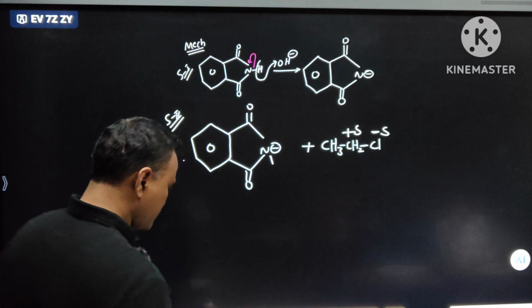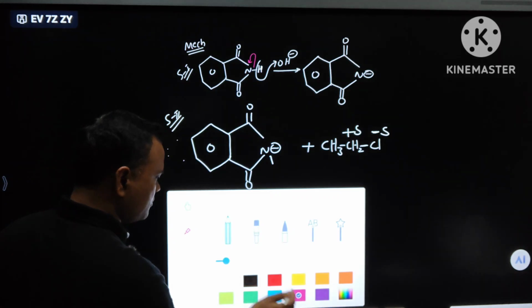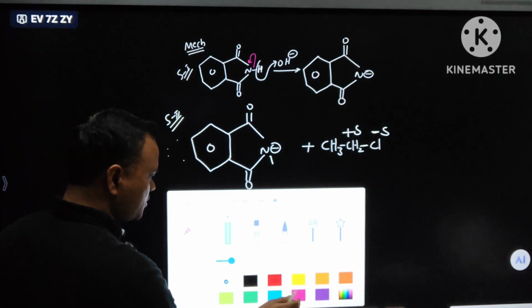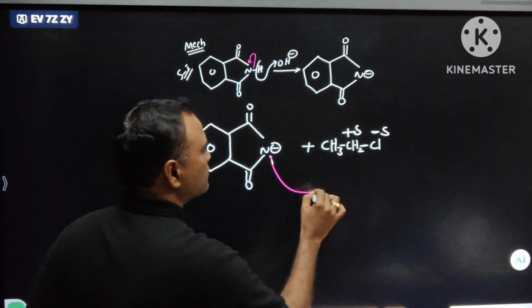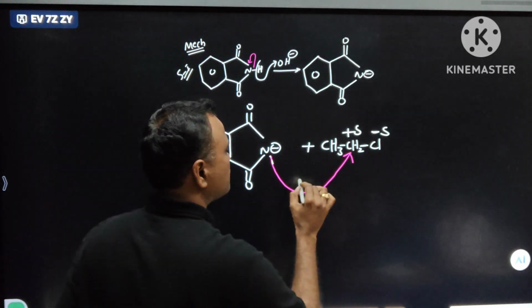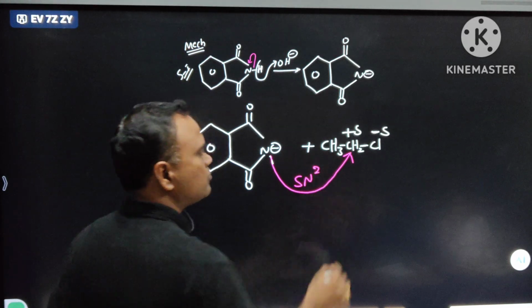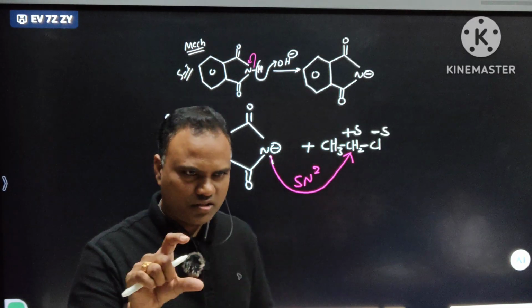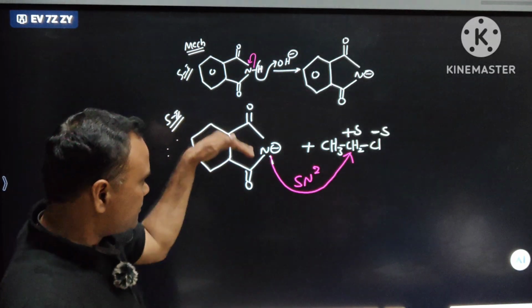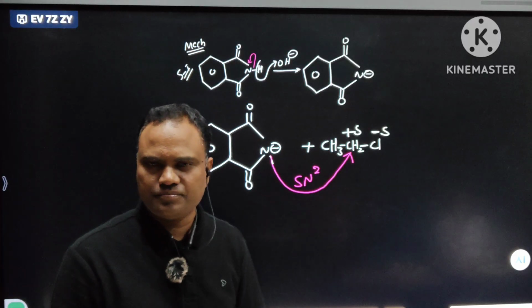SN2 mechanism, SN2 is very important. In the SN2 mechanism, which alkyl halide readily participates? Primary. That's why tertiary alkyl halide is not preferred. You wrote at the beginning that the mechanism is SN2, backside attack.